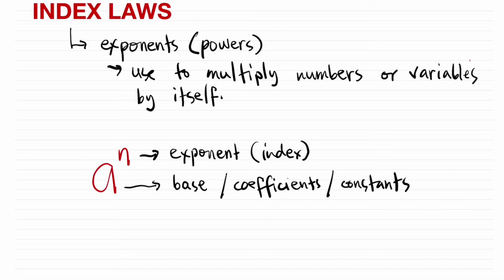So basically a to the power of n stands for exponent or index, then a is for the base or coefficient, or sometimes constant.